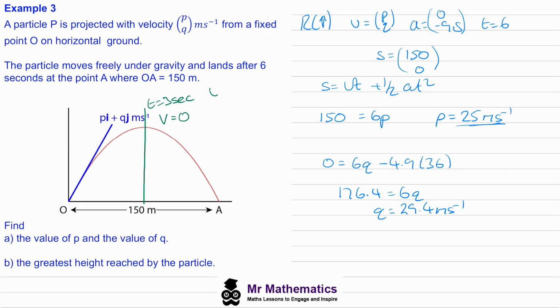And this has gone from an initial vertical velocity of 29.4. So we can use the formula s is equal to u plus v over 2 times time. We'll substitute in our values. So the vertical displacement will be 29.4 plus 0 over 2 multiplied by 3. And this works out as 44.1 meters.